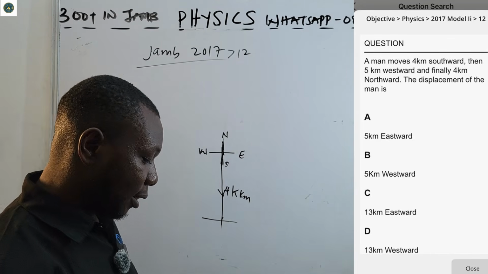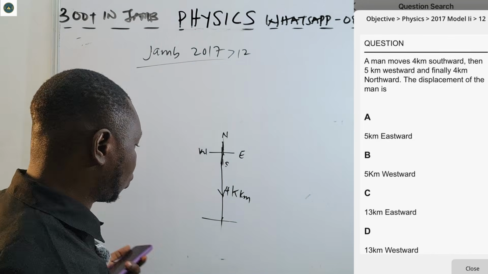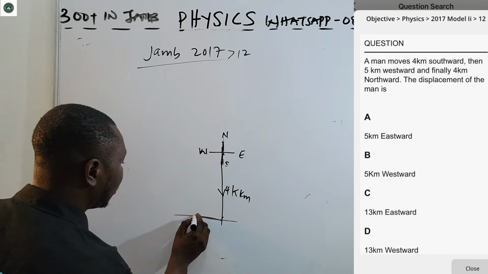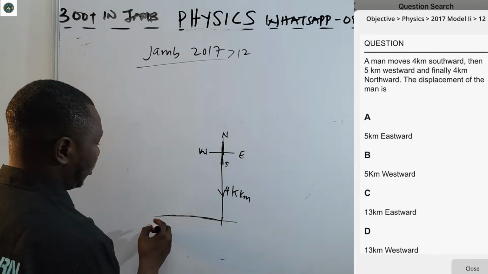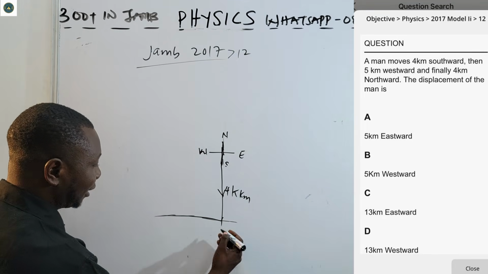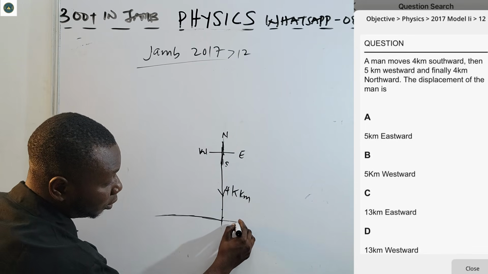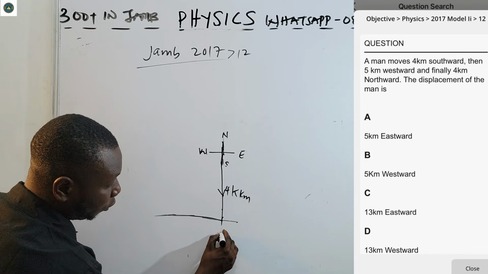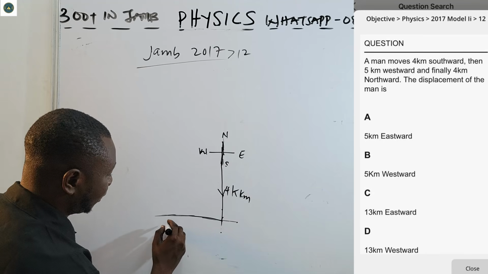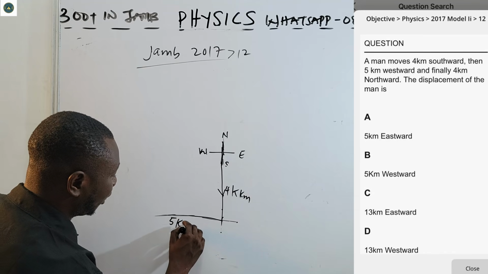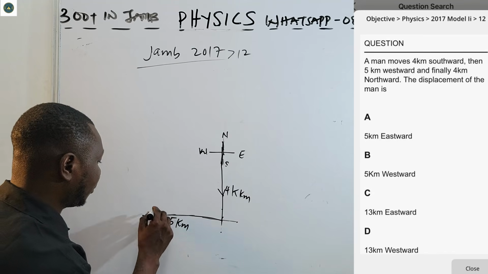What happened next? Then 5 kilometers westward. He now moved 5 kilometers west. When you are here, this becomes the new north, your new east, new south, new west. So 5 kilometers westward, he's not here now.